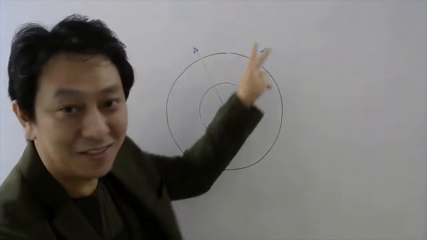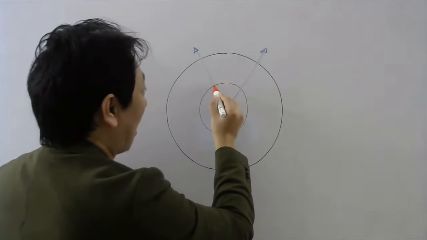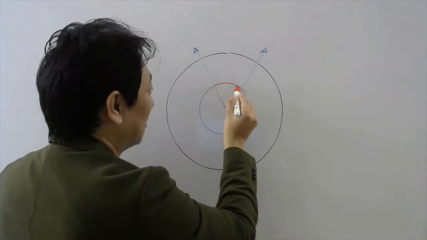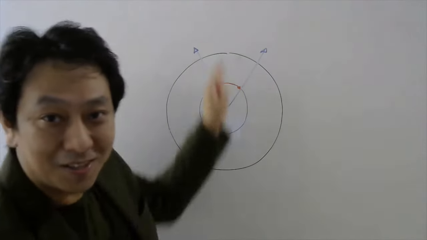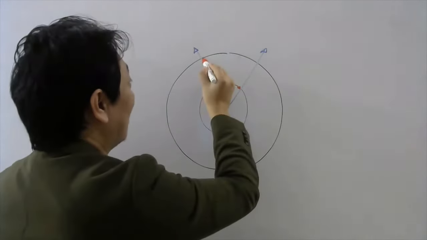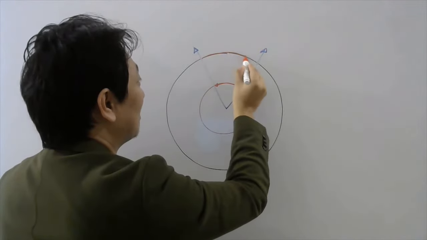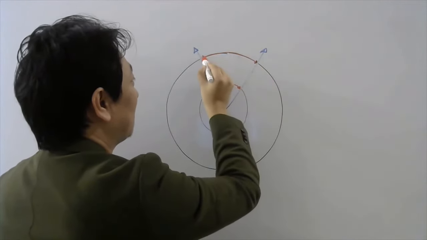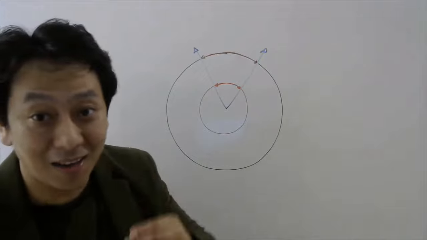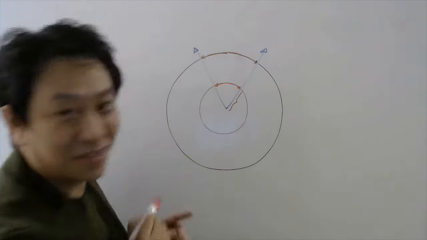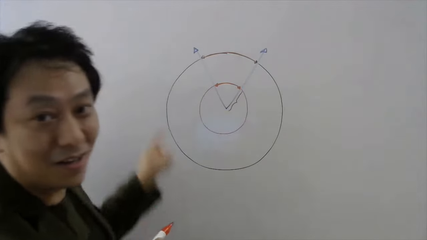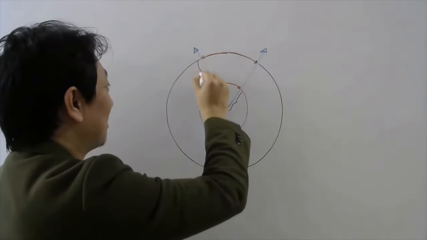Between these two lines, if you observe the arc length for this circle, it is this much, right? And between the same two lines, the arc length for the second circle is this much. These two are your arc lengths. Now the radius for this is this much and the radius for the outer circle is this much.